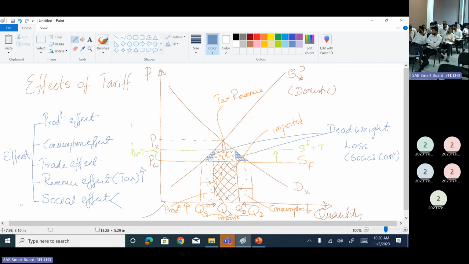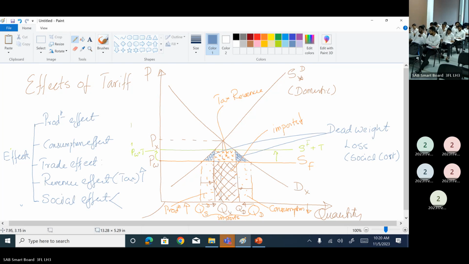Because if we consume at the world market price, people consume more. But due to this price inducement, consumption is artificially discouraged. So that is the consumption effect, the distortion of consumption, the social effect.